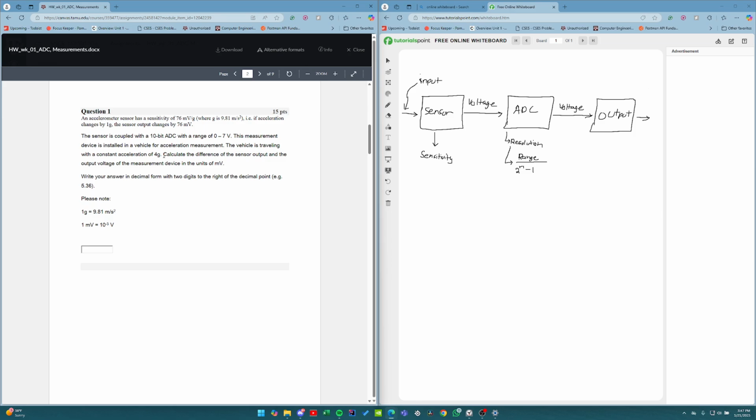It's asking us to calculate the difference of the sensor output and the output voltage measurement in units of mV. First, what are they asking? They're asking for the difference between the voltage of the sensor and the voltage of the ADC, or the output. This is what we want, so we'll put final answer: difference.